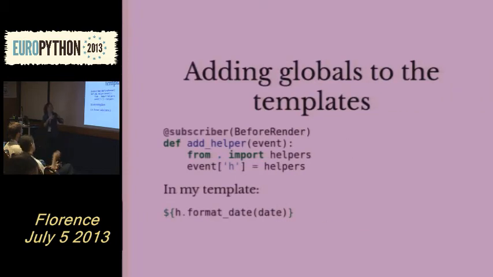So this is used, for example, with the before render. I can consider the event as a dict, and if I put things in this dict, they will be available as global variables in my templates. This is extremely useful to add some helpers to my templates. What I do is I have a helper module, and I add it to my template like that.